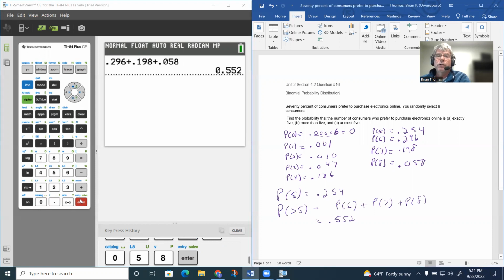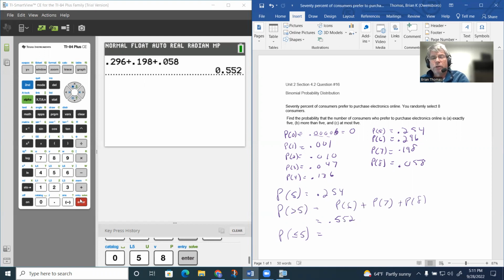So greater than 5 would be 0.552. Now at most 5 means we're talking about 5 and less. So at most 5 means I want the probability of less than or equal to 5. To do this, that means we want to look for 5, 4, 3, 2, 1.